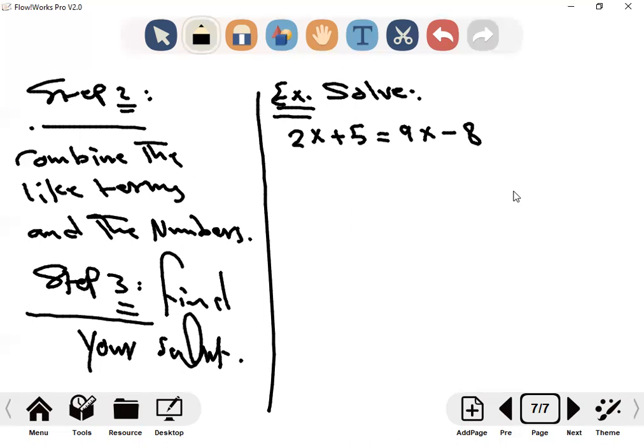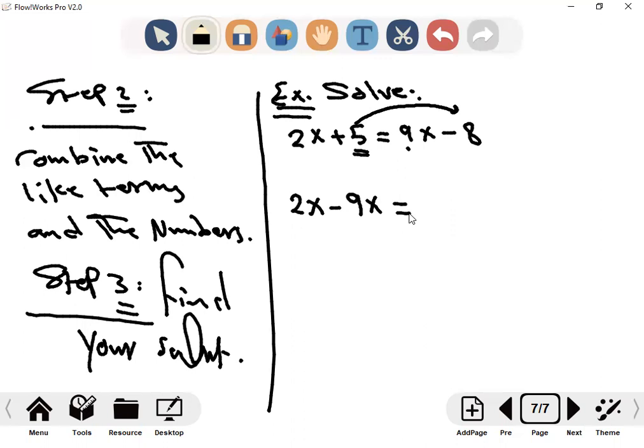The 2x, is it on the left side? Leave it. Bring the 9x to the 2x side, right? It is positive, and we call it shifting. If you shift the 9x here, it will be minus 9x. I ignored the 5 because I wanted to put it with the negative 8, right?